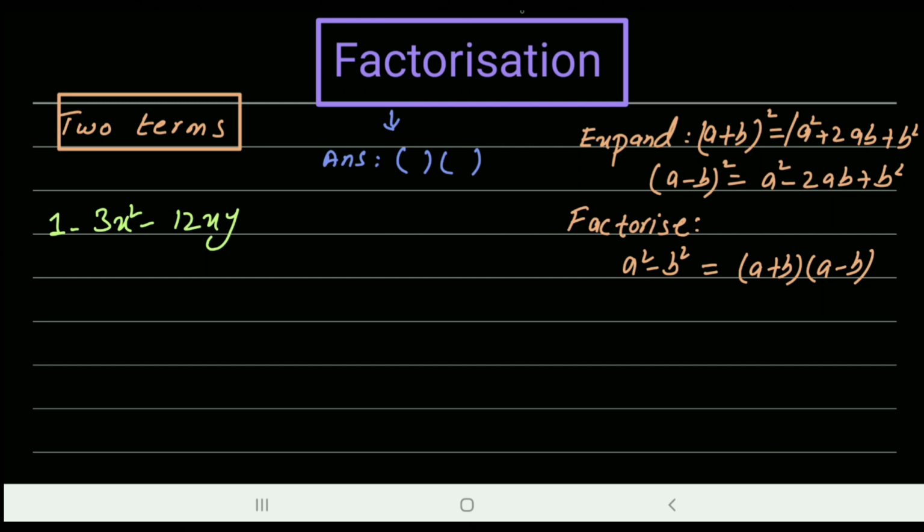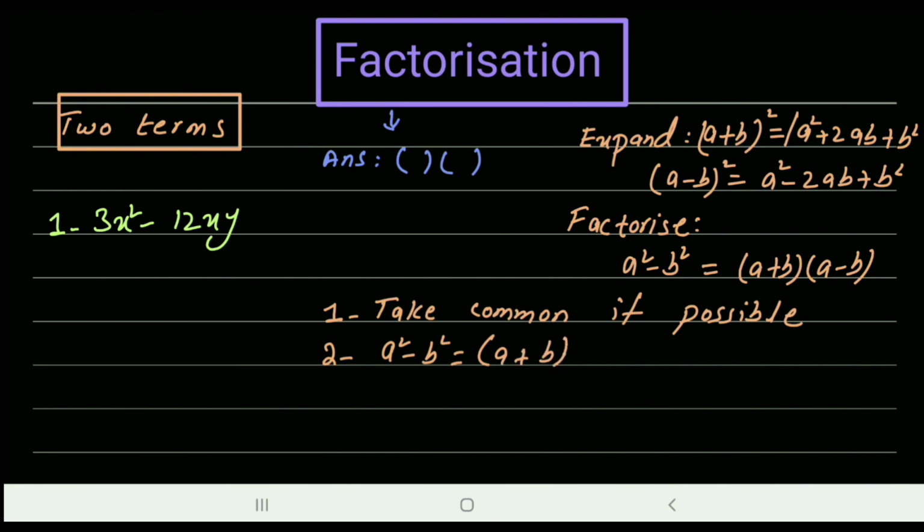So first step is take common if possible, and second step is you have to use the formula of a square minus b square, that is a plus b into a minus b.